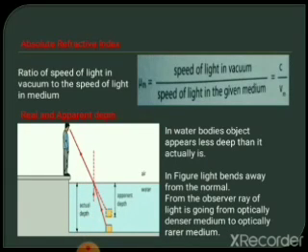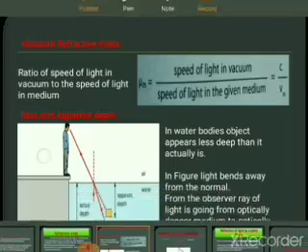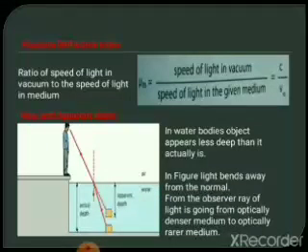So what exactly does this situation tell us? In water bodies, an object appears less deep than it actually is. If an outsider is observing a certain object in water, he or she will observe that object a little higher than the bottom portion. This person will observe this object a little upward. Why is it so?